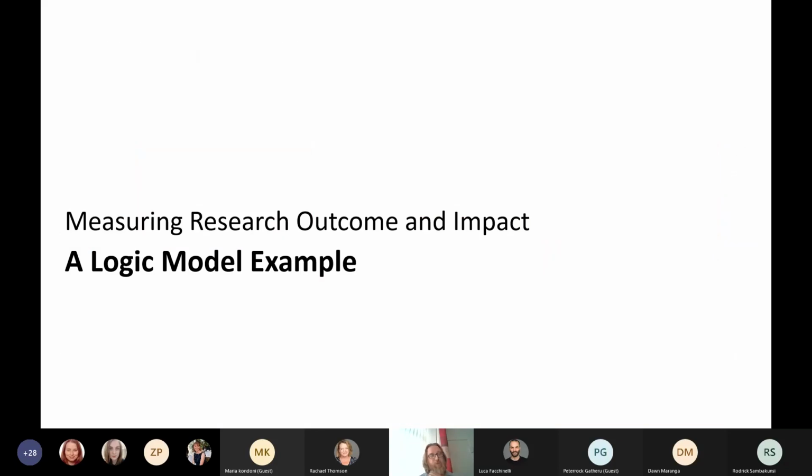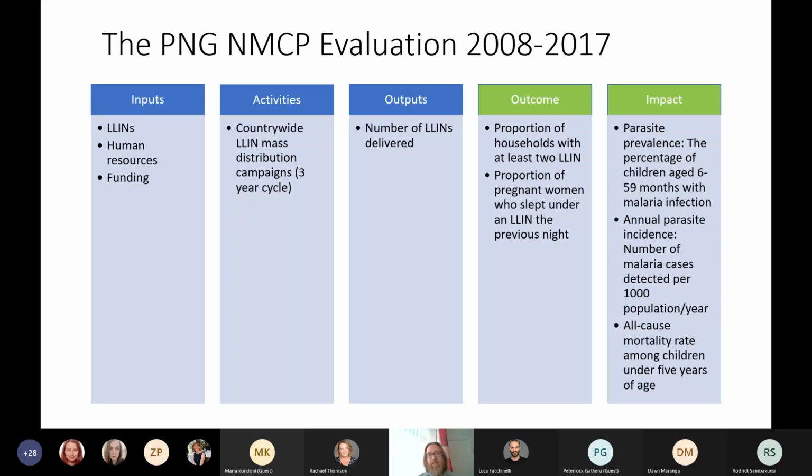So, a logic model example, and as I suggested earlier, this is a very simplistic portrayal of a logic model I've used in the past, and it comes from the Papua New Guinea National Malaria Control Program evaluation for the period 2008 through to 2017.